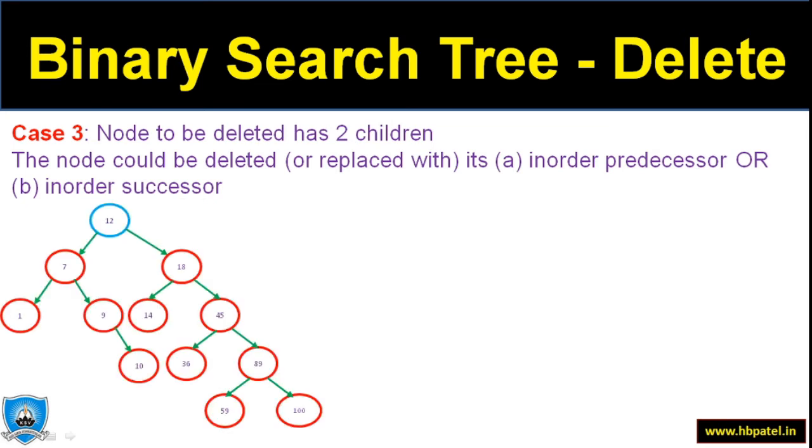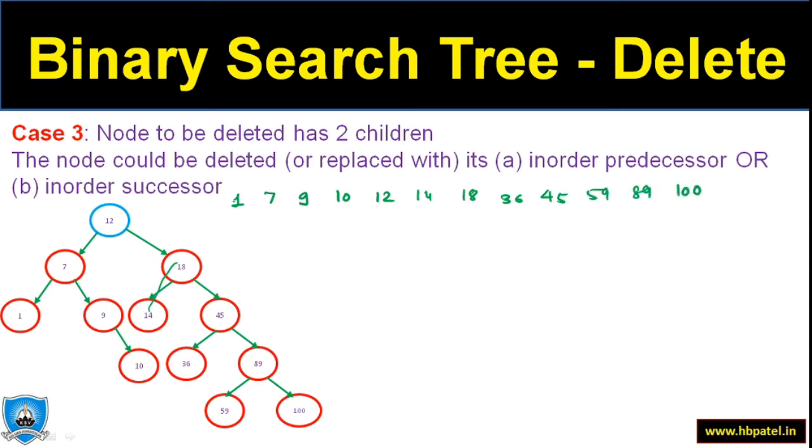Now let us take another example, the same example that we had. Let's say we wish to delete 12. If you put everything in sequence, it will be 1, then 7, 9, 10, 12. This is the in-order traversal. Then again 14, 18, then 36, 45, then 59, 89 and 100.